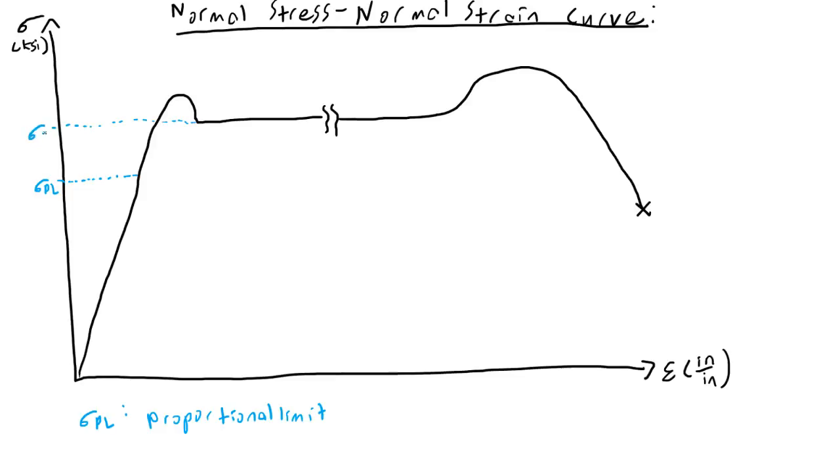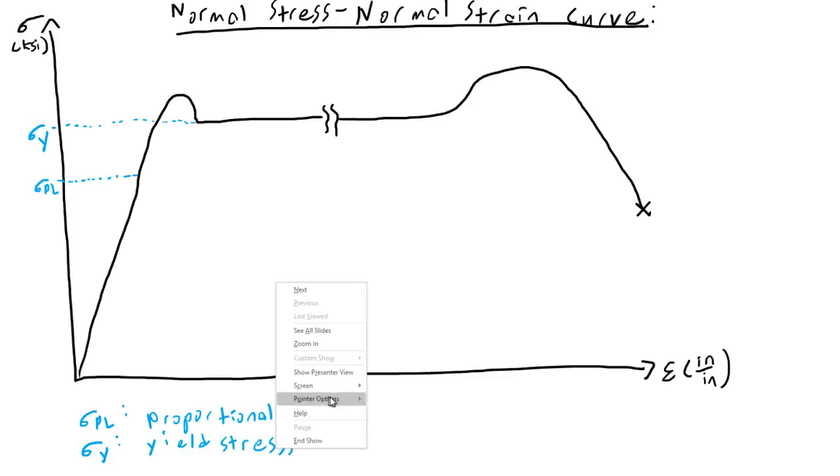Sigma y is going to be your yield stress. This is the stress that yielding occurs at. The portion of the graph that is horizontal, here we refer to as yielding.